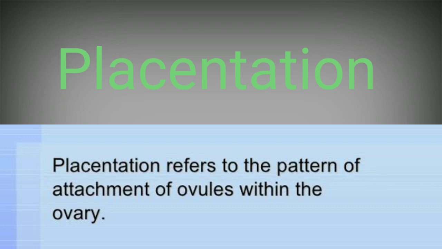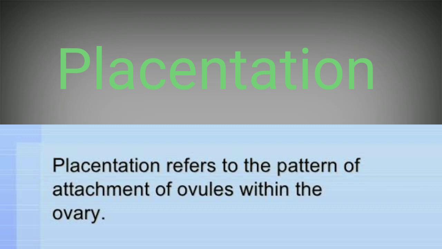The first type is called marginal placentation. In marginal placentation, the placenta forms a ridge along the ventral suture of the ovary, and the ovules are borne on the ridge to form two rows.